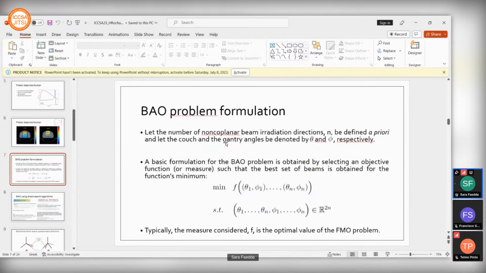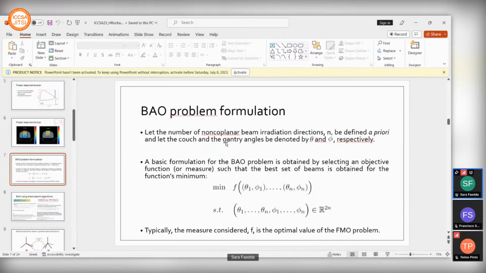Also, in order to generalize this approach for other problems, we will consider it in this presentation as a black box problem, but an expensive one in terms of computational time, because for a given beam angle set, it requires roughly 5 minutes to obtain a solution.